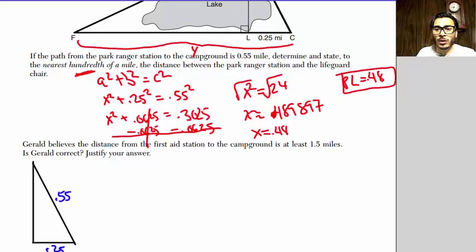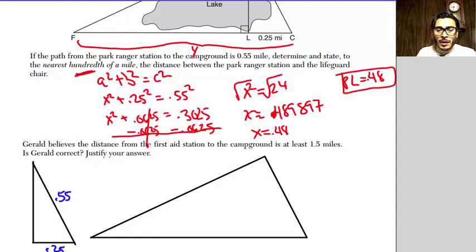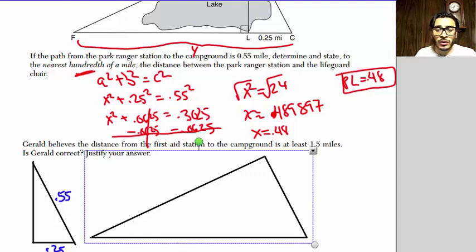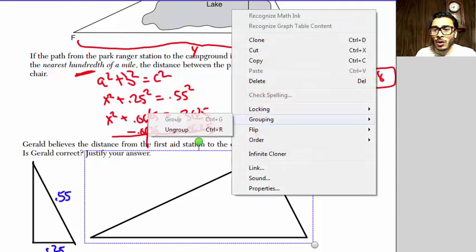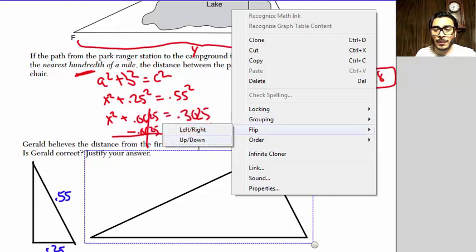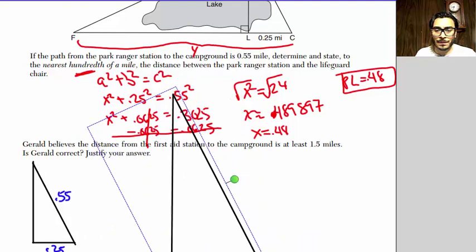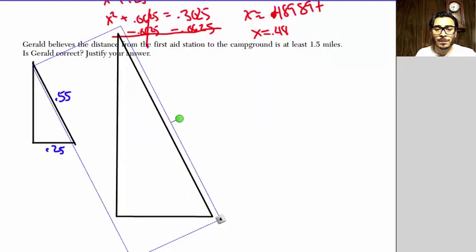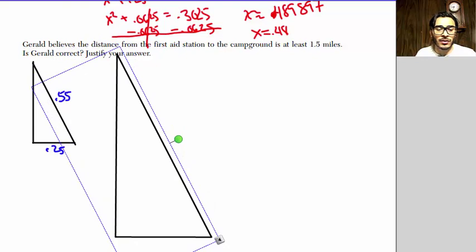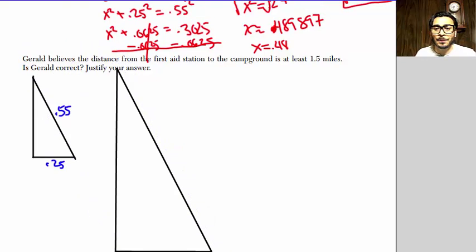And now I'm going to also separate the big one. I have to flip it, and then I have to rotate it so that its corresponding sides match with the little one.